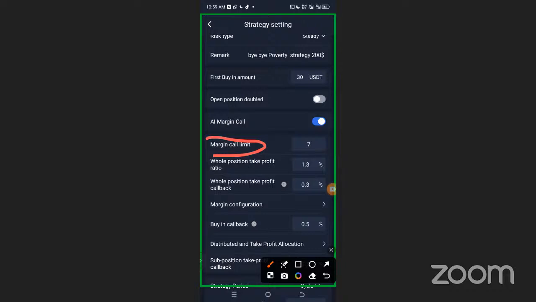The name margin call limit means the number of margin calls: the number of times you want your robot to buy in case the market is dropping. That's why it is called margin call.